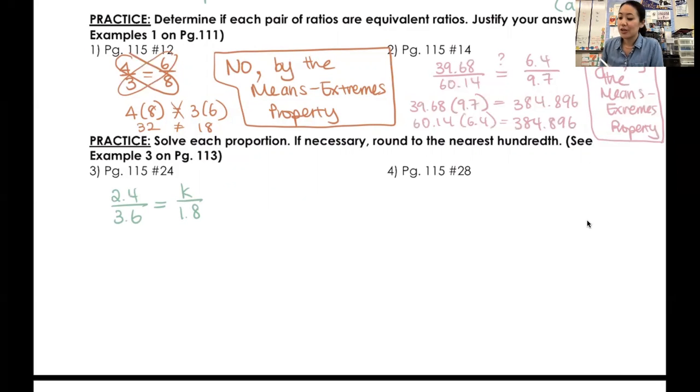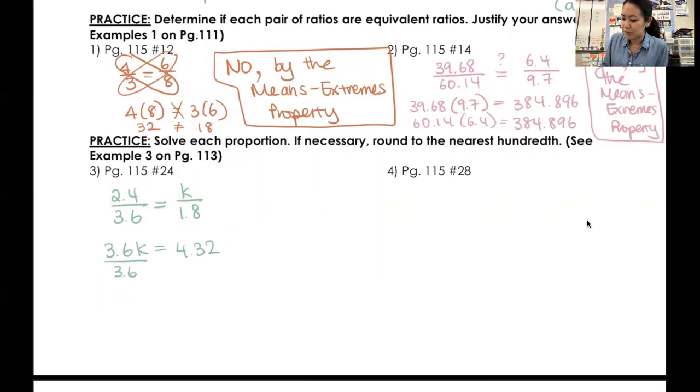All right, so again, using my means extremes property, I'm going to multiply the extremes, so I get 3.6 times k is equal to 2.4 times 1.8. So I'm going to do that on my calculator. And I get 4.32.